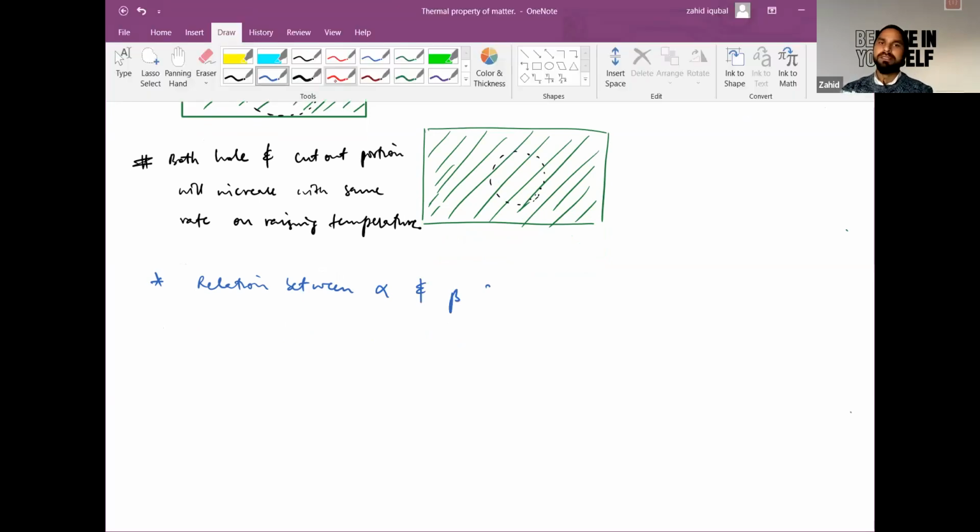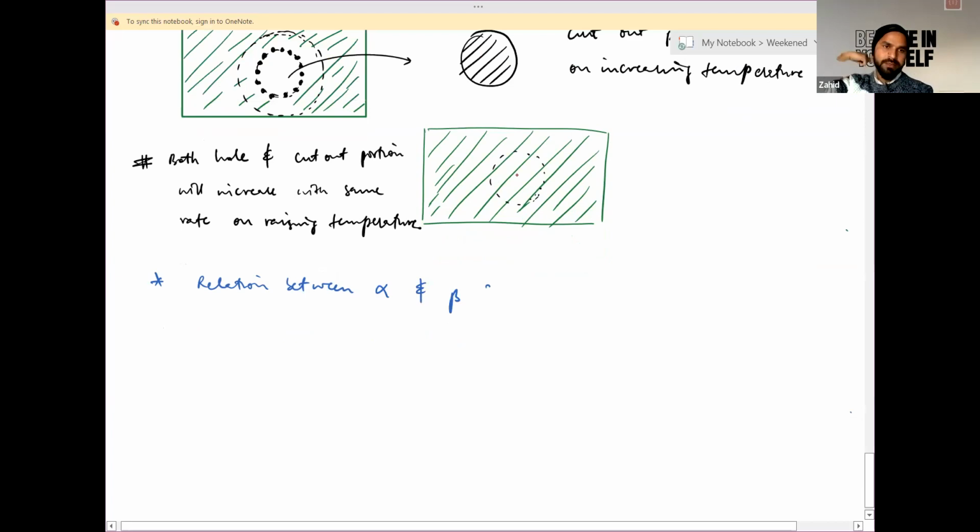Since this particular rectangular strip is composed of two different dimensions, one is length and the other is breadth, we can write length equals L naught (1 plus alpha delta t). Similarly, breadth will be B naught (1 plus alpha delta t).